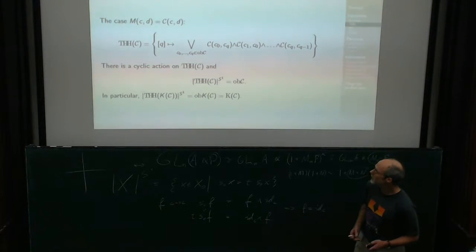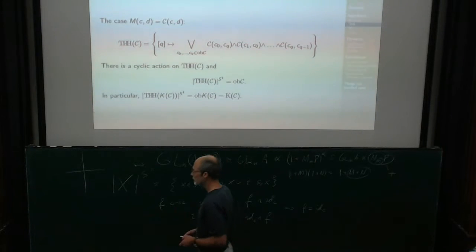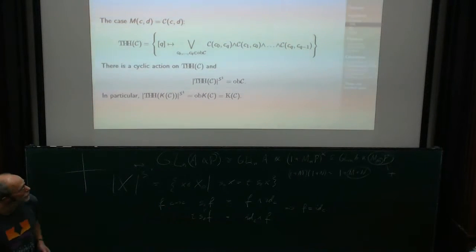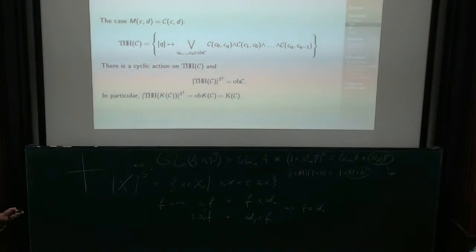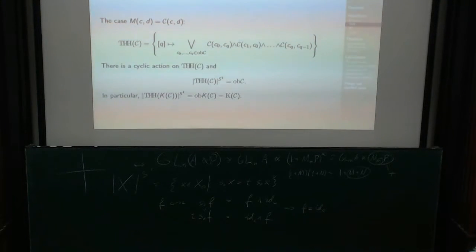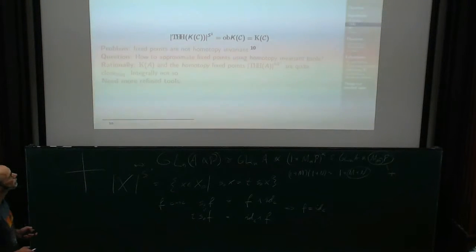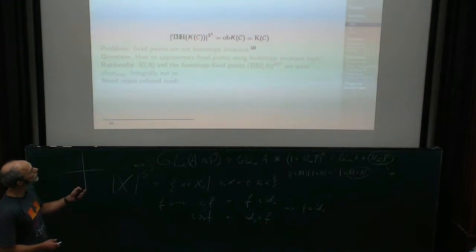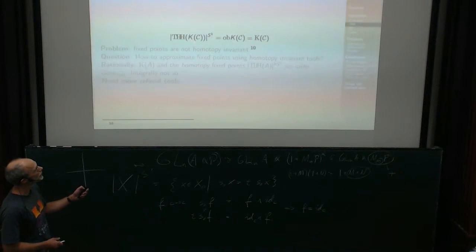That is to say, the S1 fixed points of the first differential of K-theory is nothing but K-theory itself. So it sits inside there as the fixed points. That is nice. But the problem is, of course, that taking fixed points, I'm definitely stuck with algebraic K-theory sitting inside there.